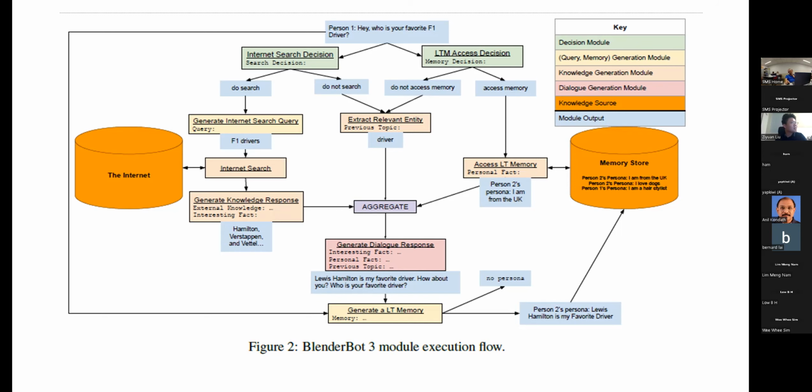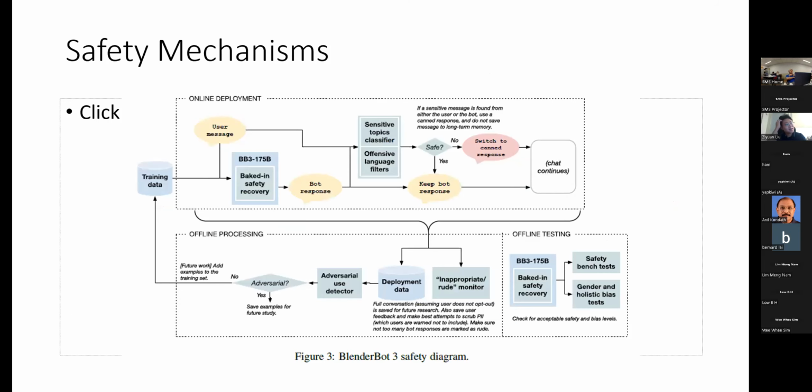But basically, it has a safety mechanism. And how they build that safety mechanism is that while it's deployed online, you have some training data, and it has some baked-in safety recovery mechanism.